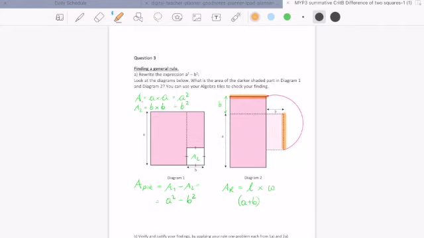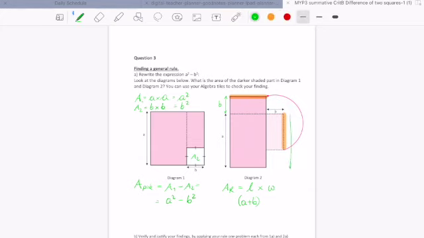Now let's have a look if we can find out what this side length is. So this whole length here is the same as this one. And that's A. So I'm going to write this down here.